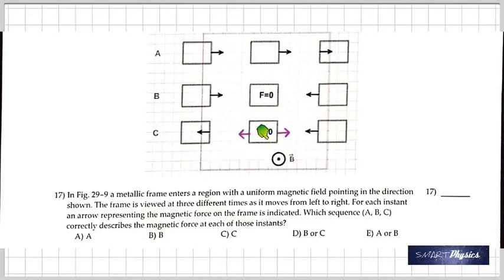So the forces acting on both will be equal and opposite, cancelling out. That's why the force is zero. But as it leaves, now this part is out of the magnetic field, so there's only a force on this part. So same thing here, there's only a force on this part because this part is still outside the magnetic field, right? But here there are equal and opposite forces acting on both sides, cancelling out. Okay, that's why the answer is C.